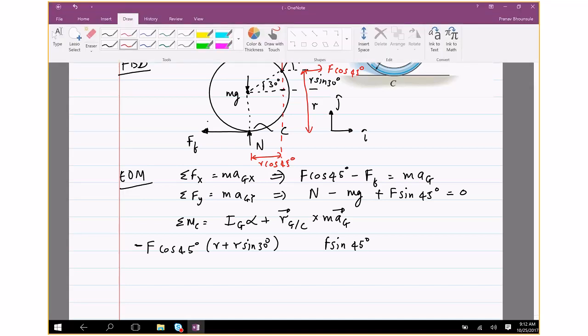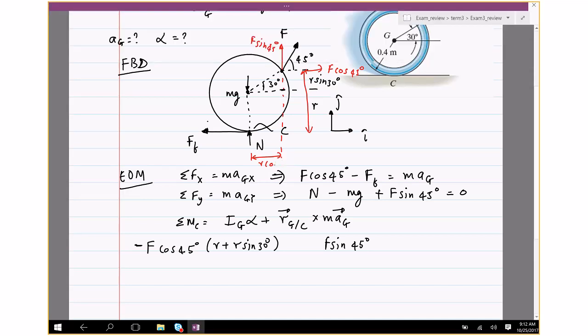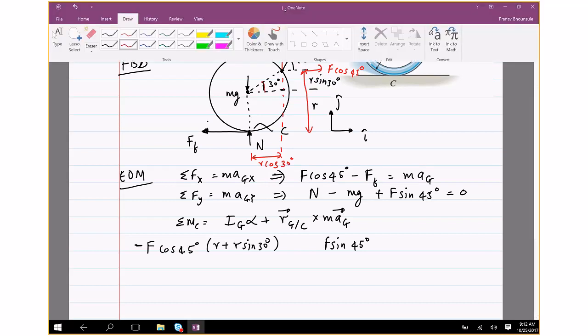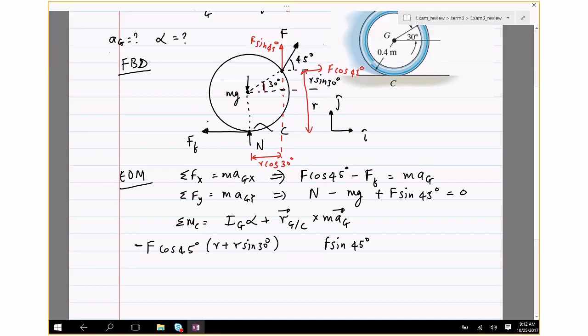Sorry, cosine of 30 degrees, right, because this is 30. So R cosine of 30 degrees.